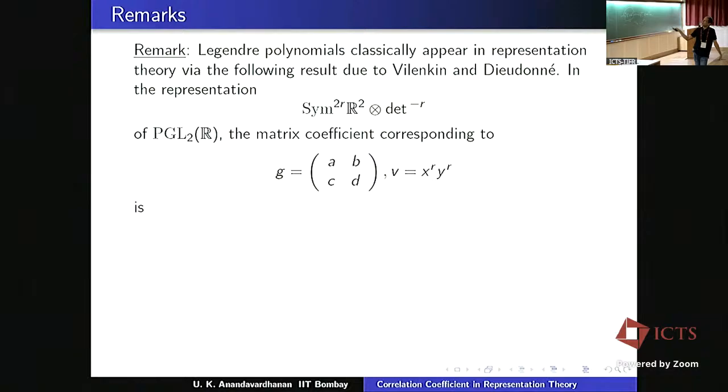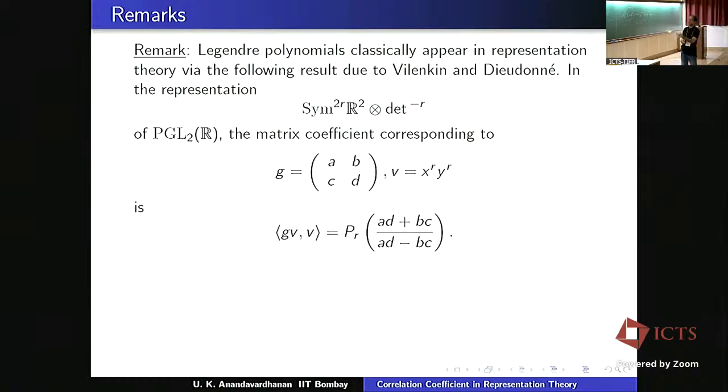So I'm taking this on homogeneous polynomials in variables X and Y of degree 2r, and take the middle one, the nicest one, X^r Y^r, and write down the matrix coefficient for this, <gv, v>, and this is the Legendre polynomial P_r evaluated at (ad+bc)/(ad-bc). So this is how special functions come in representation theory typically.